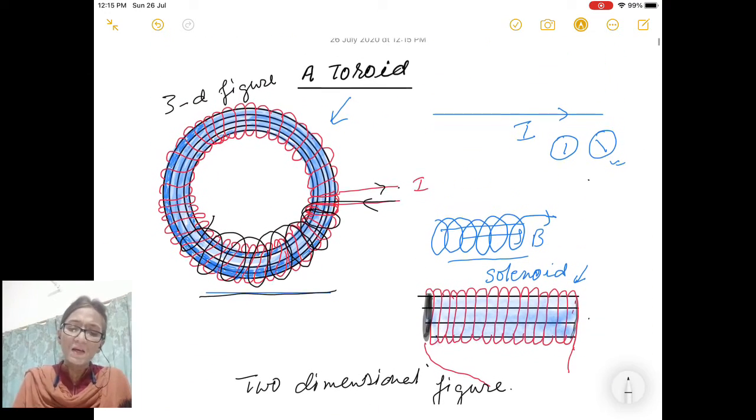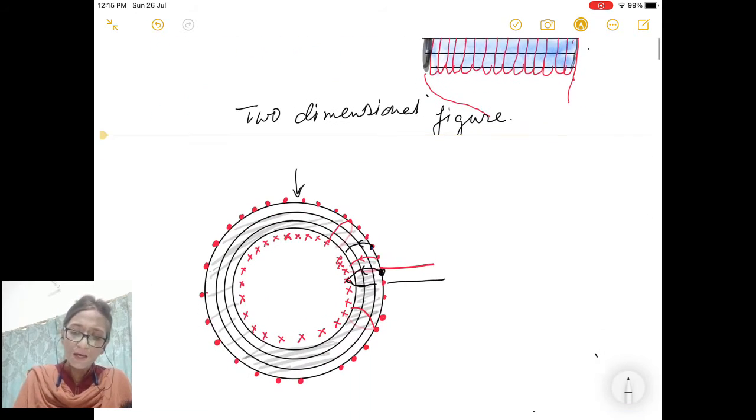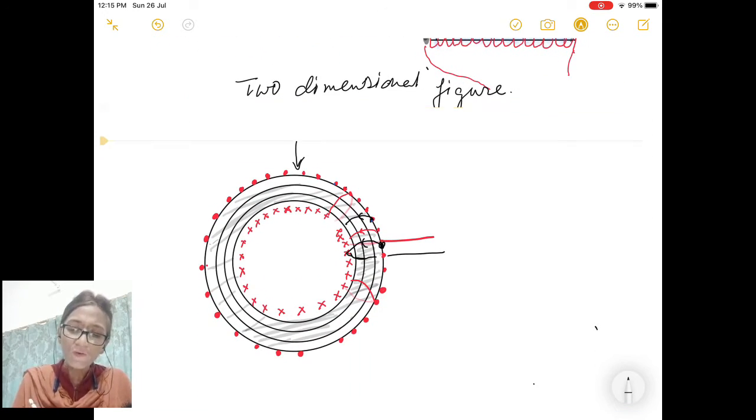Now you can see that if current is coming out from here, it can be shown by a dot, and current going in can be shown by a cross. So here I have drawn so many dots. Current is getting out from the surface, and here the current is getting into the surface.